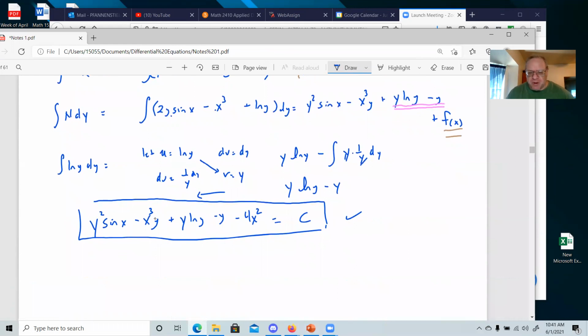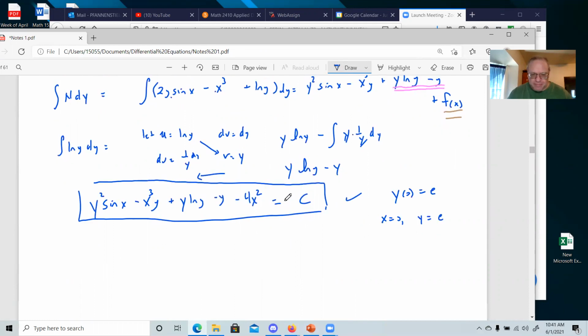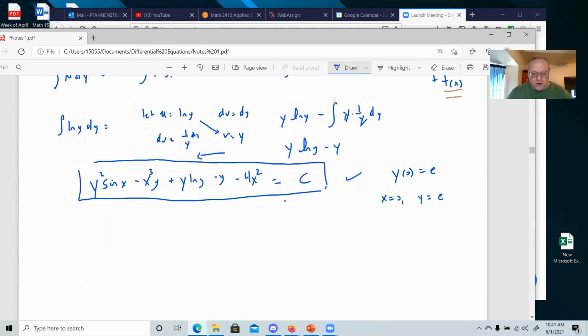We were for the problem I wrote down, but for the problem I got this from, they told us that y of 0 was equal to e. So when x is 0, y is equal to e. So if I plug this in, we get e squared times sine of 0 minus 0 cubed e plus e ln e minus 4 times 0 squared is equal to our constant.